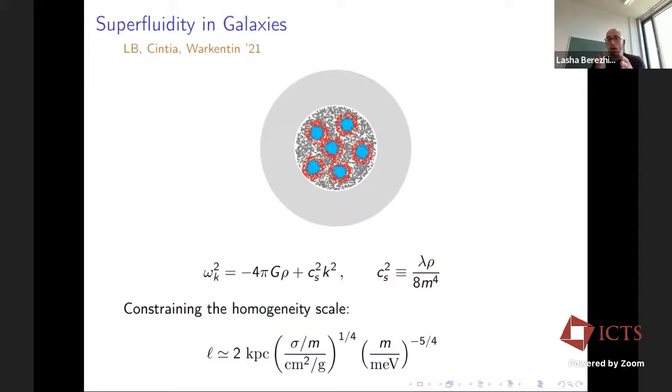If your apparatus is small enough compared to this, then on average it will see a condensate. But of course, as we are traveling through the fluid, it will see some overdensities and underdensities, because some places are higher density and some are less. But it's not going to be a self-sustained configuration that is the result of a balance of gravity and pressure, because in the case of axions, pressure cannot stabilize the cloud. It's attractive, so it's going to try to collapse even further.